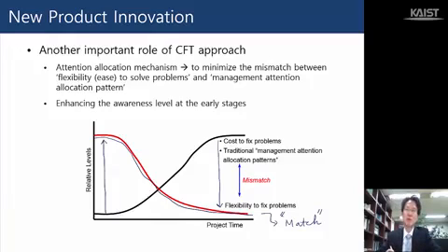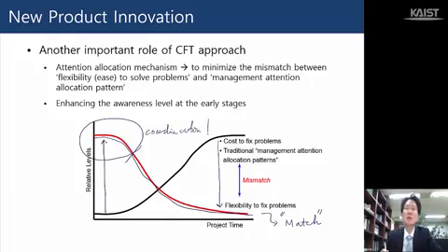The cross-functional team approach is useful to shift this attention allocation pattern. Why? Because in the early phase, lots of functions get involved in the process, and it becomes very important to coordinate all these activities at the same time, and therefore that necessarily draws more attention from top management. So if the company uses the cross-functional team approach, then they necessarily pay more attention in the early phase because they need to coordinate.